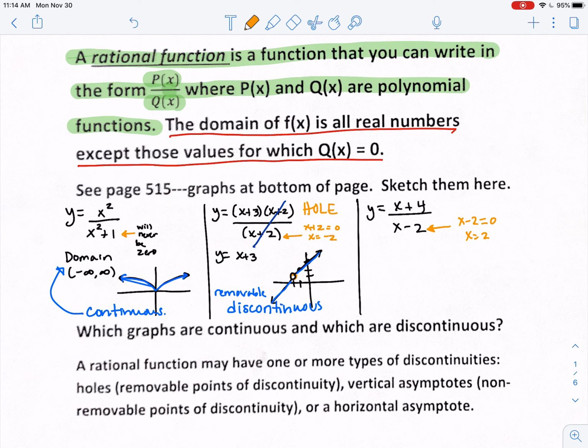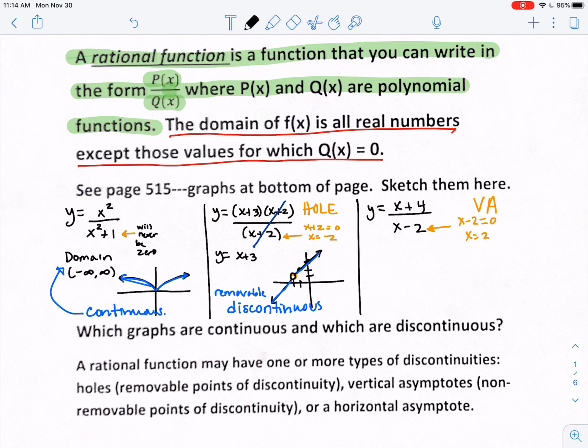But notice there's not an x minus 2 on top and bottom. This is going to indicate a vertical asymptote. So if you can cross out something on top and bottom, you're going to have a hole. If you cannot, then whatever makes the denominator 0 will be a vertical asymptote. So I have a vertical asymptote at x equals 2.